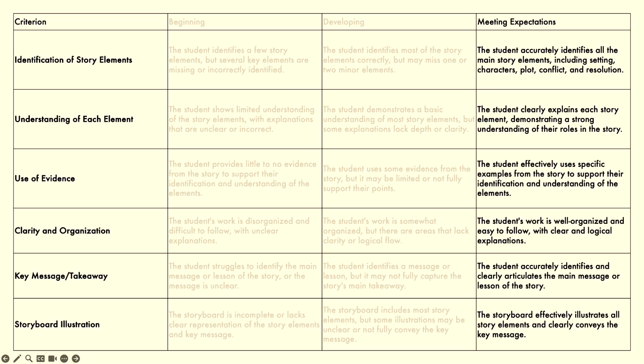And you can have all your objectives. You can see here you have the identification of the story, the understanding of each element. Exactly. The use of evidence, the clarity on organization, the key messages, the big takeaway that you were talking about, and the illustrations.